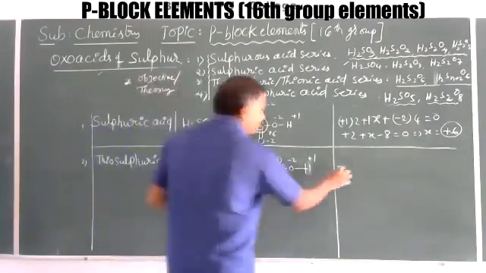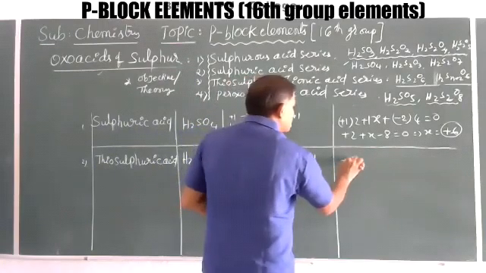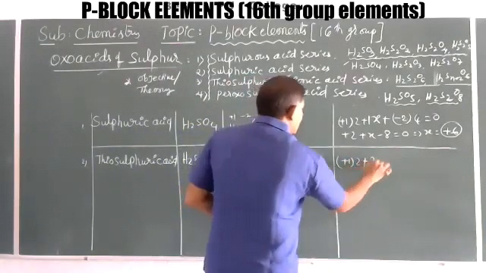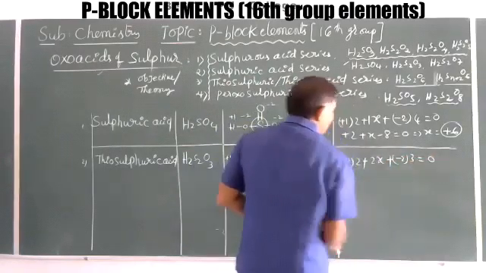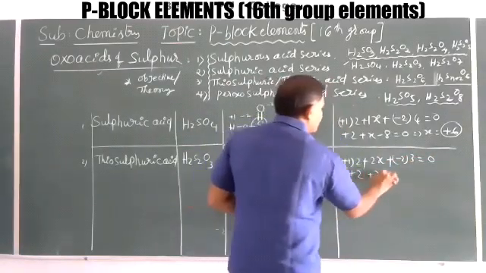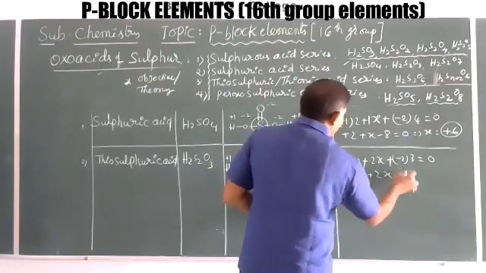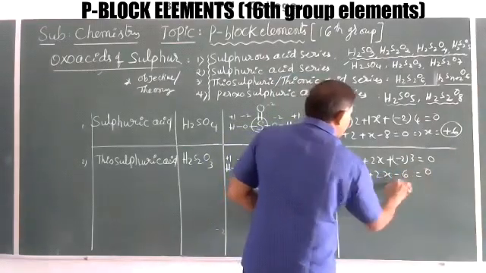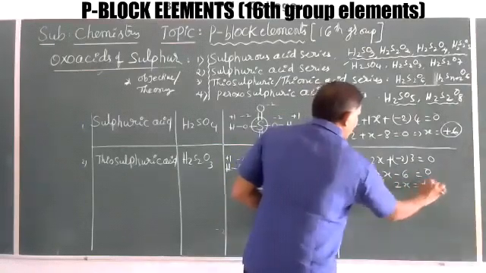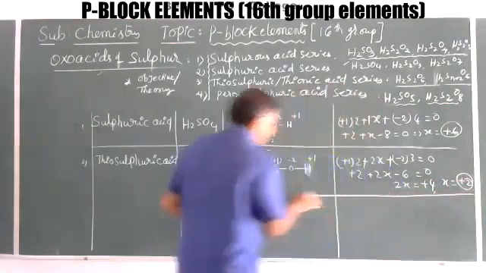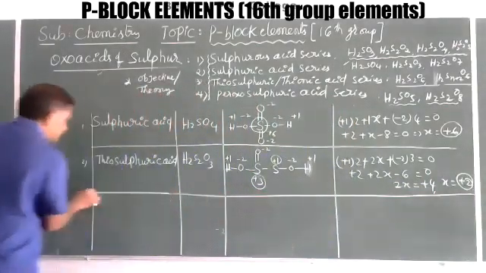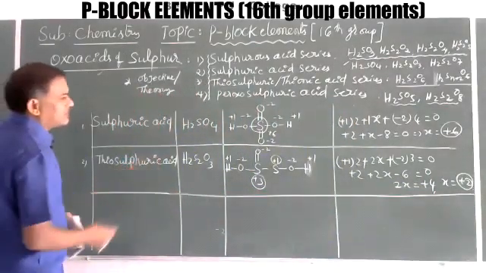But the average oxidation state is: plus 1 into 2, plus 2 into x, minus 2 into 3 equals 0. So plus 2 plus 2x minus 6 equals 0. Now 2x equals plus 4, so x equals plus 2 oxidation state. That is the thiosulfuric acid oxidation state.